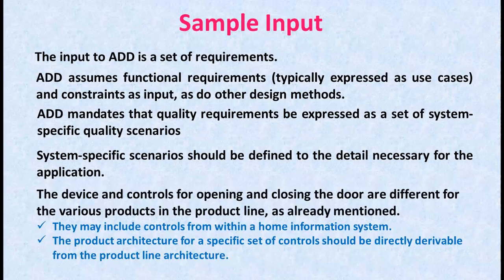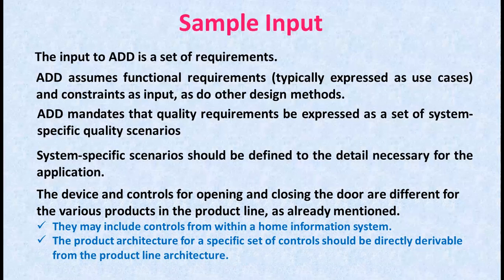The processes used in different products will differ, and the product architecture for each specific process should be directly derivable from the product line architecture. If an obstacle is detected by the garage door during the descent, it must halt within 0.1 seconds.